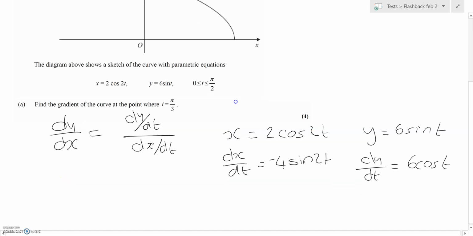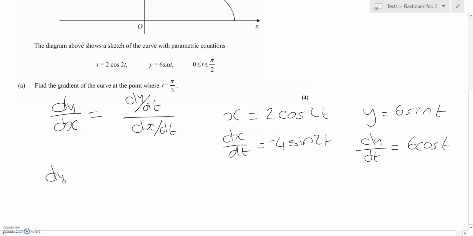So dy/dx is equal to dy/dt, which was 6 cos t, divided by dx/dt, which is minus 4 sin 2t.